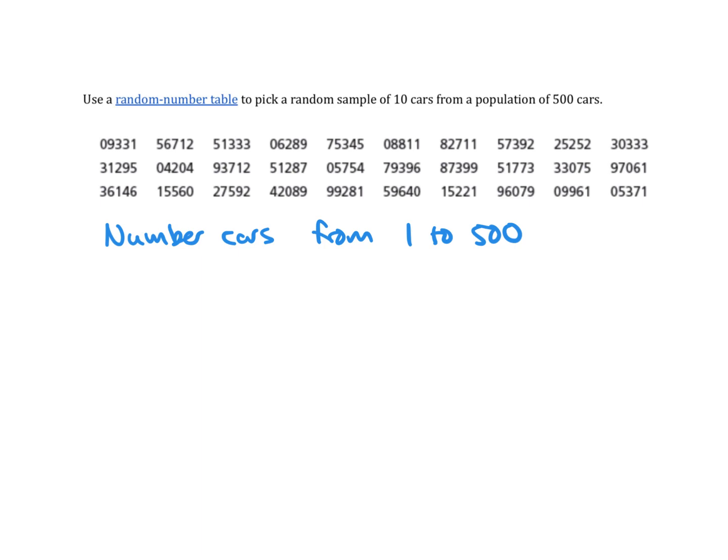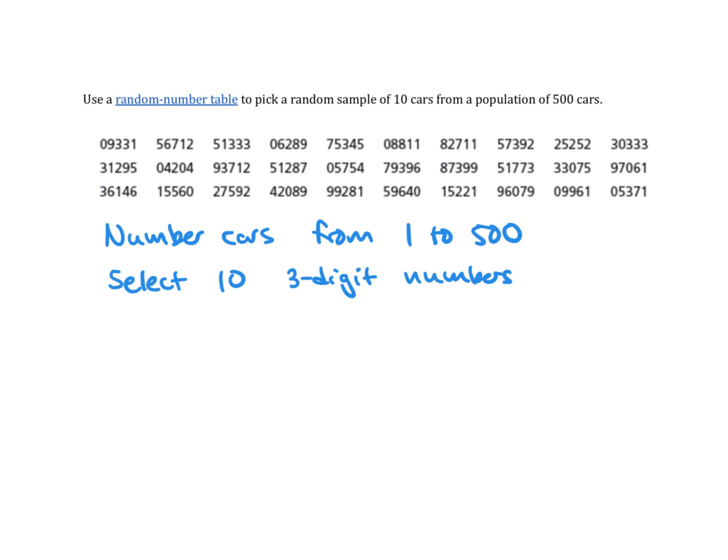Now, using this number table, we want to select 10 three-digit numbers because the largest possible number is 500, which has 3 digits. The number table is designed with the numbers in groups of 5 digits, but that's really just to separate the numbers so they're not like a long string of numbers. We want them to be in groups of 3 digits.